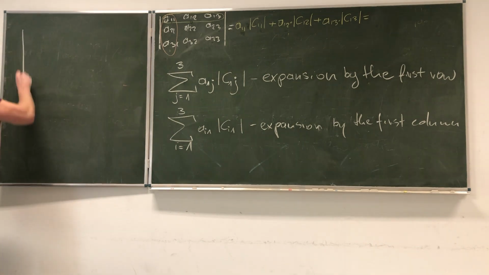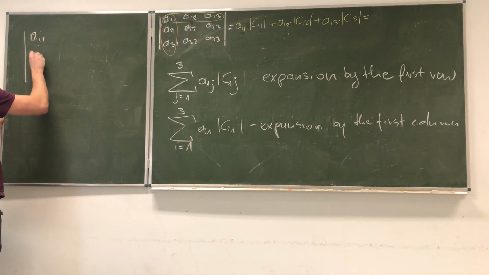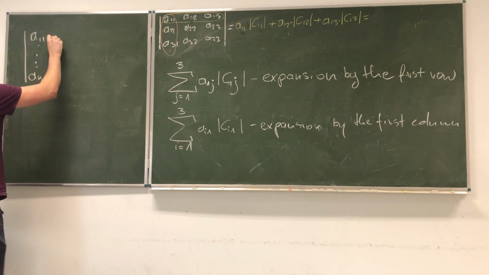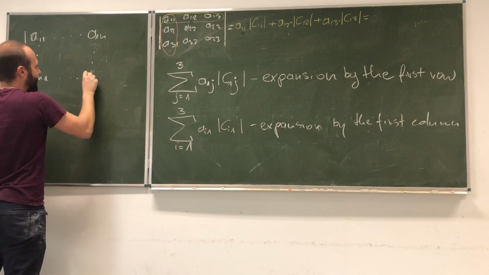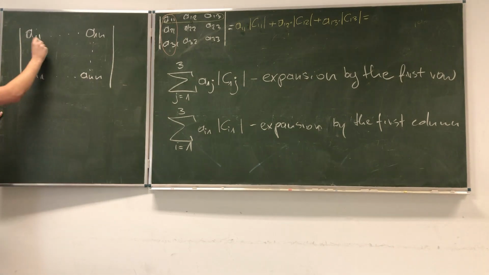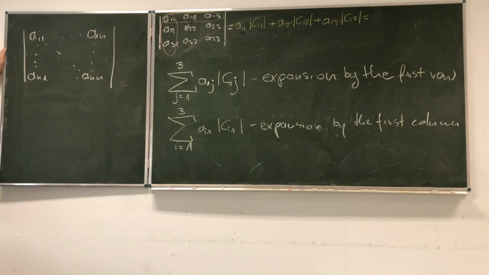What if I would have determinant a 1,1 until a n 1, a 1 n until a n n? What should we do in such circumstances?